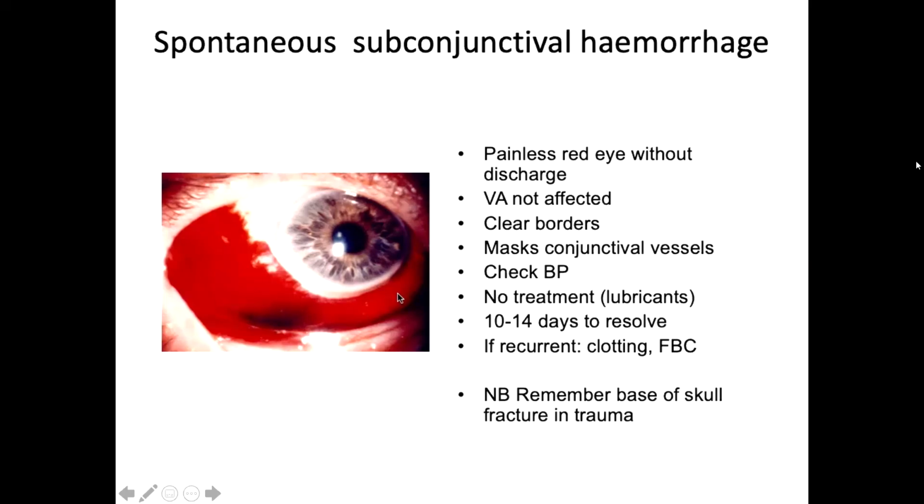And this can be sometimes due to spontaneous rupture, sometimes due to associated factors such as high blood pressure, high intraocular pressure, or even rubbing can cause it, or any Valsalva maneuver that causes the pressure in the small vessels of the eye to go up.